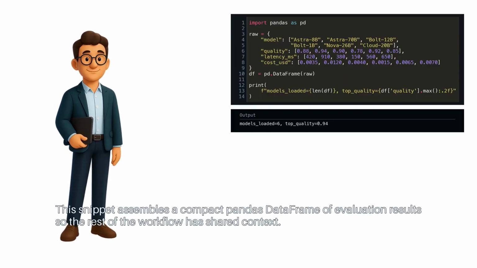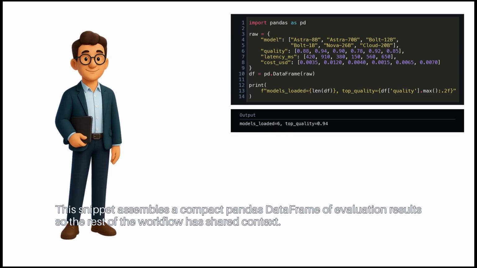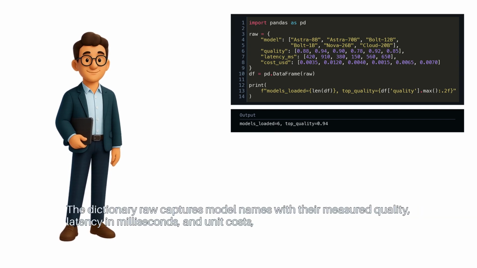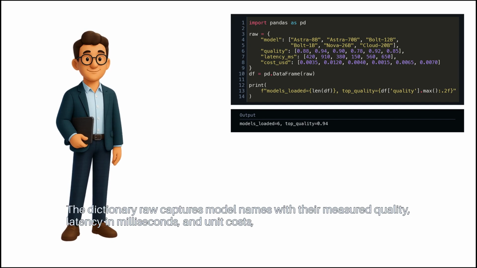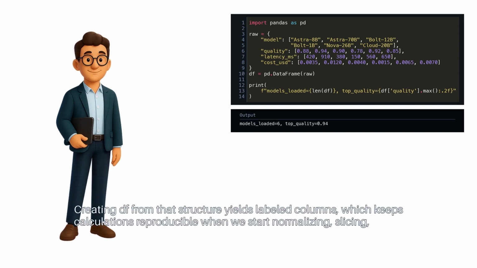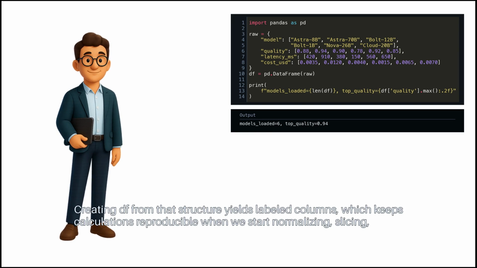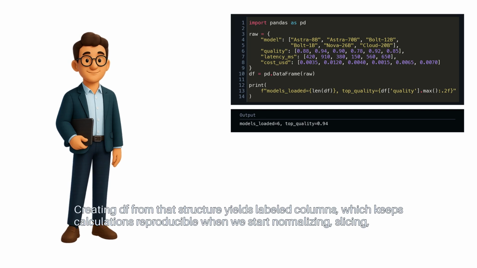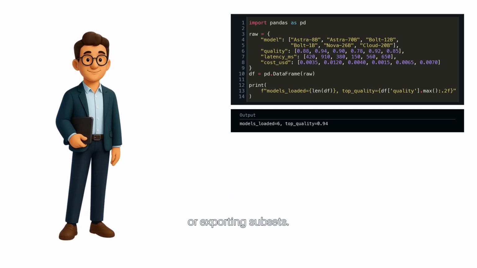This snippet assembles a compact pandas data frame of evaluation results, so the rest of the workflow has shared context. The dictionary raw captures model names with their measured quality, latency in milliseconds, and unit costs, making every metric explicit for later reuse. Creating df from that structure yields labeled columns, which keeps calculations reproducible when we start normalizing, slicing, or exporting subsets.